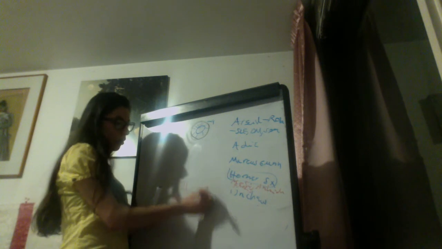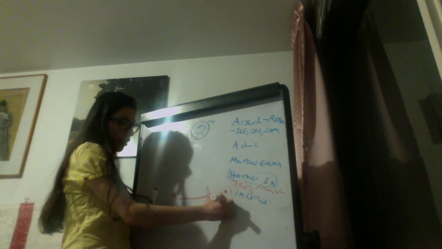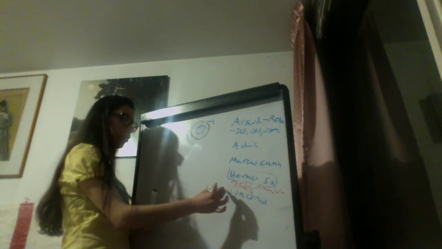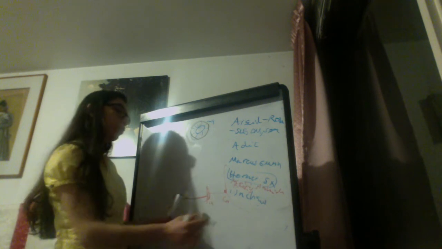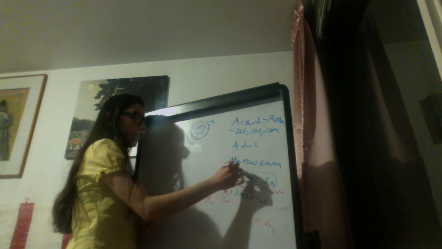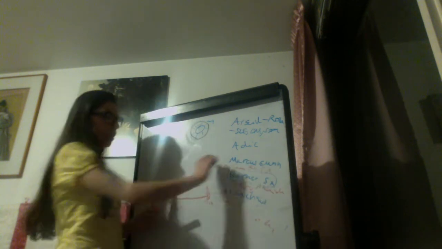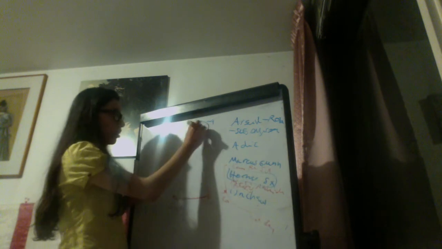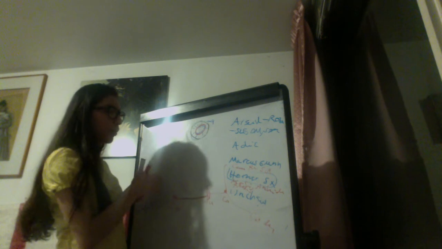Then the ciliary ganglion, where the neurotransmitter is acetylcholine. Now the ciliary ganglion is the postganglionic neuron, and this postganglionic neuron can go to the ciliary muscle or to the pupillary sphincter muscle that constricts the pupil.